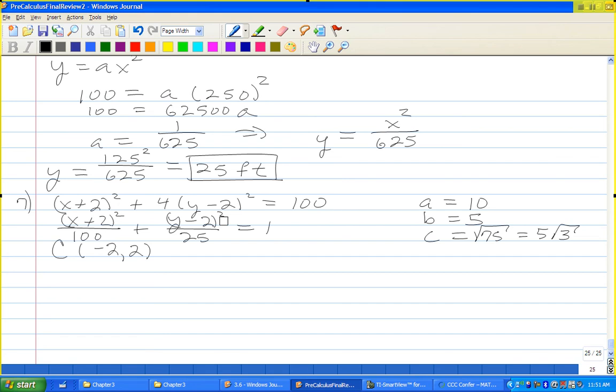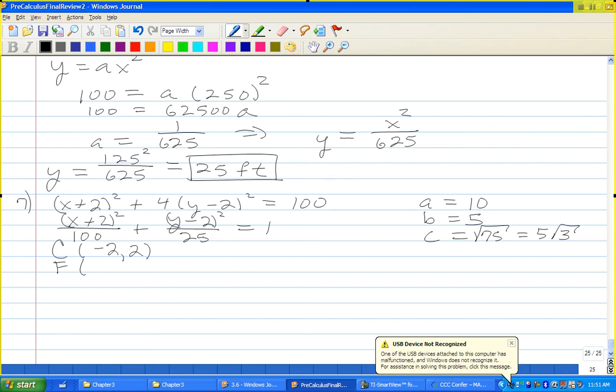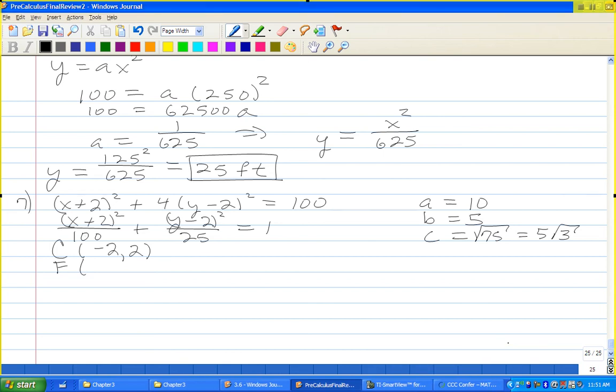The foci are at... 100 is bigger than 25, so I'm going to be adding and subtracting the 5 rad 3 to the x. And for the vertices, you're going to add and subtract 10 from the x.